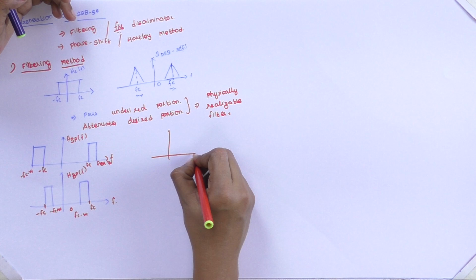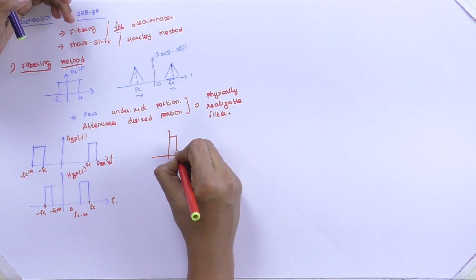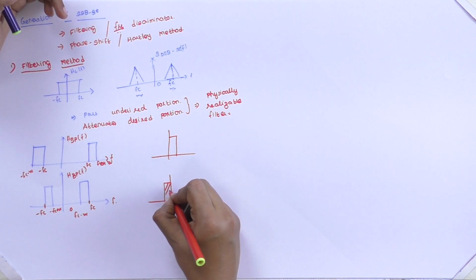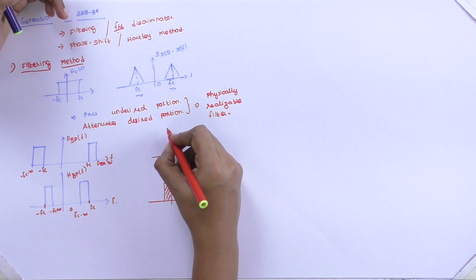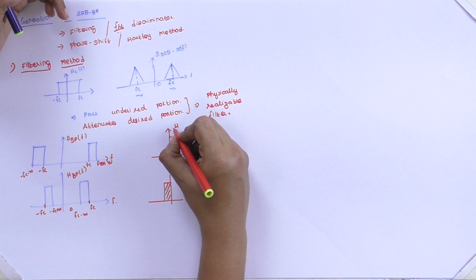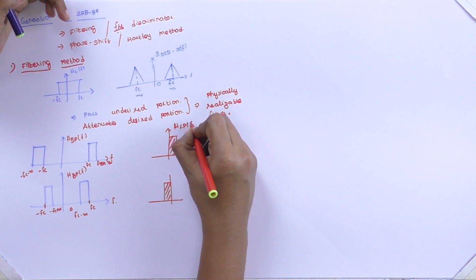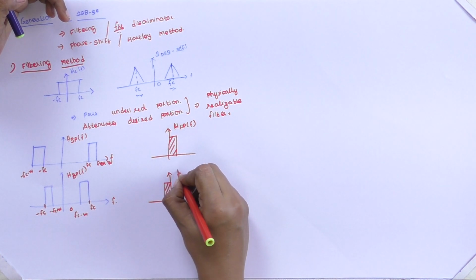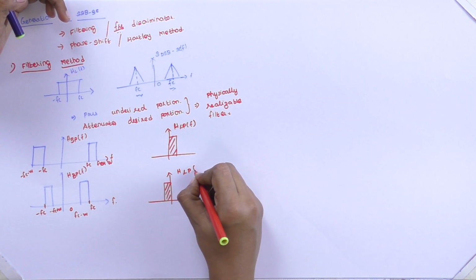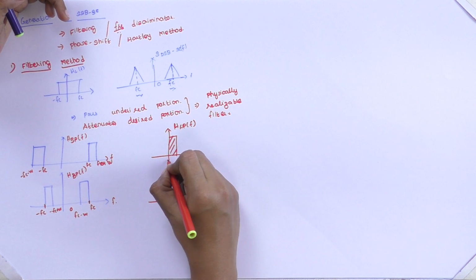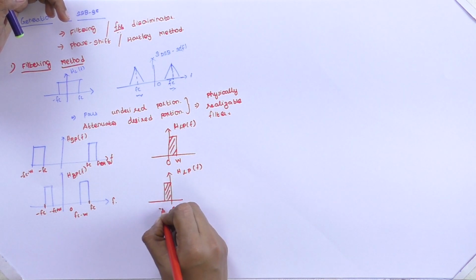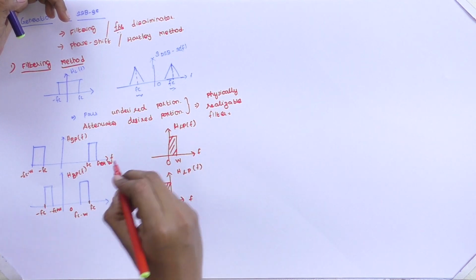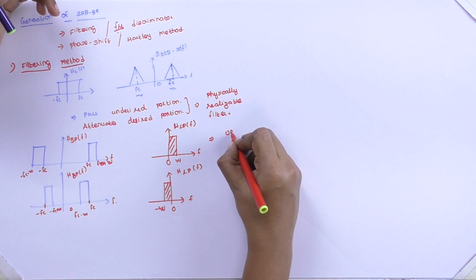So this will give either the upper sideband and this will give the lower sideband. This is H of the upper sideband filter and this is our lower sideband filter, spanning 0 to W and 0 to minus W. We can call it the upper sideband filter.